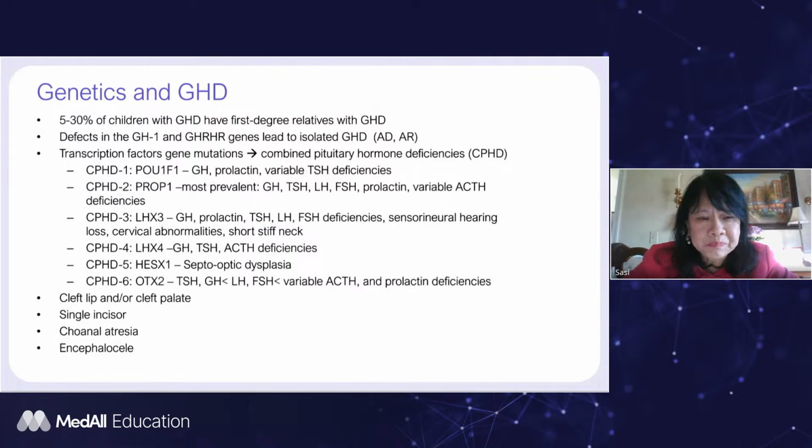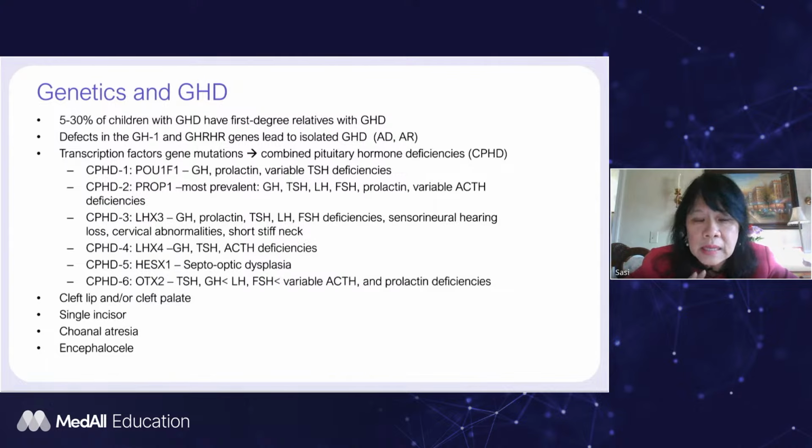And we know that growth hormone deficiency can be caused by genetic disorders. We know that 5 to 30% of children with growth hormone deficiency have first-degree relatives with growth hormone deficiency. So there are many genes that can cause growth hormone deficiency. The common ones are defects in the growth hormone 1 gene or the growth hormone releasing hormone receptor gene.